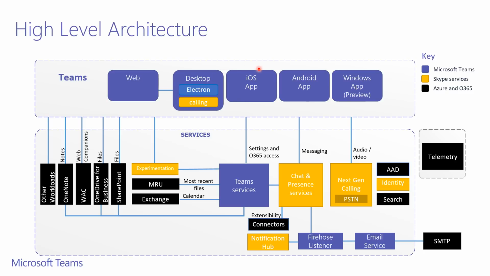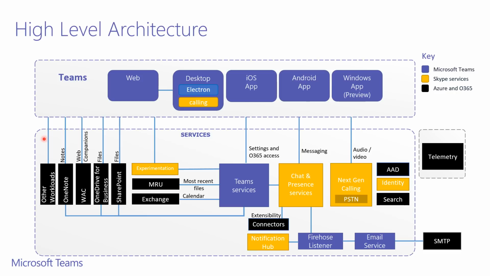The next two areas, of course, are the mobile applications that we have on iOS and Android, followed by our Windows app, which is currently in a preview state as of this recording, also known as an HWA or hosted web app. From a client-side perspective, that sums up the various types of Teams clients that we have. If we look at the bottom box here, this showcases the various back-end services that are utilized by Microsoft Teams.